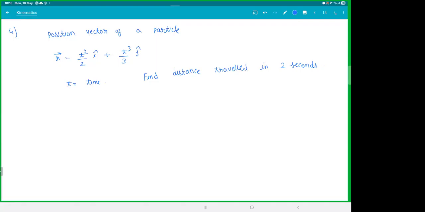I'll tell you what you guys are doing. At t is 0, R bar was 0. At t is equal to 2 seconds, R final was 2 i cap plus 8 by 3 j cap.